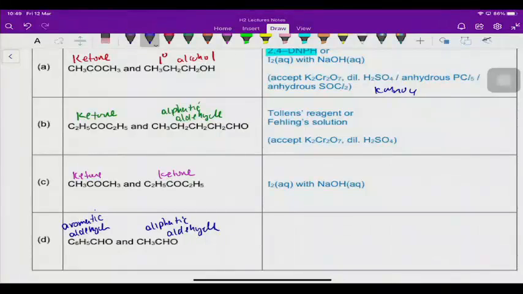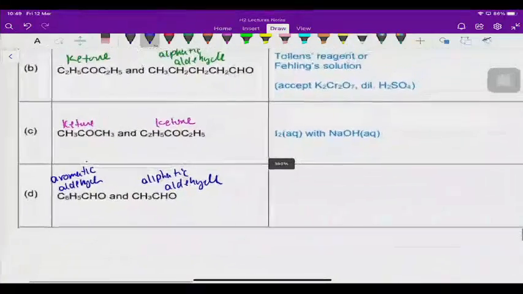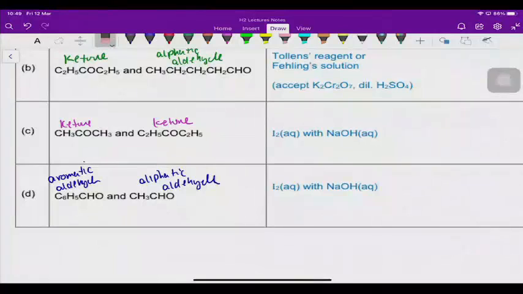When we see aromatic versus aliphatic for the last one, think of Tollens and Fehling's. Not Tollens, Tollens can react with both. Think of Fehling's. But this aliphatic happens to be ethanol, so I can also use I2.